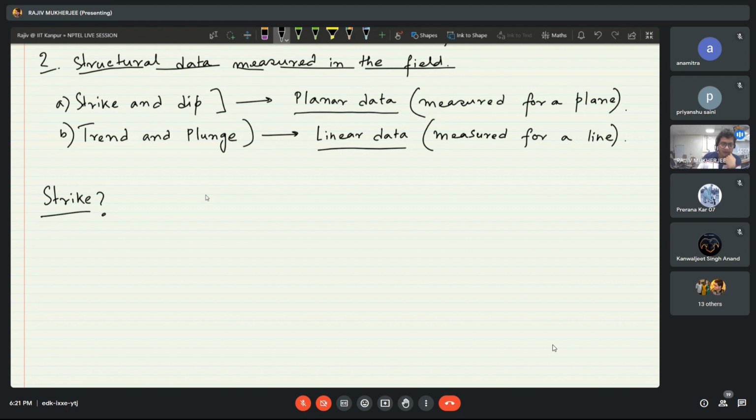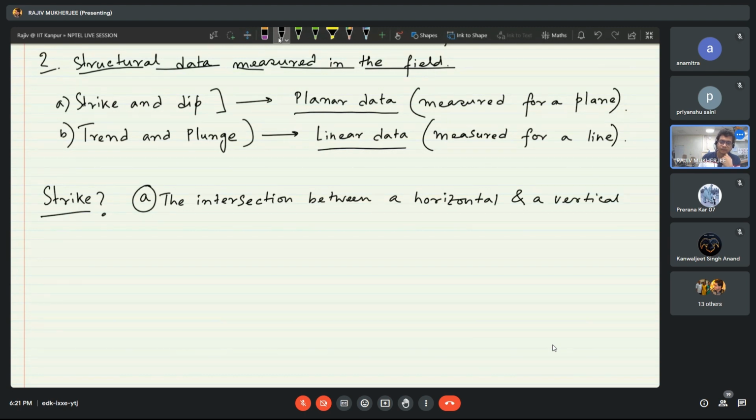Okay, so one answer is, if I put it this way, answer A is the intersection between a horizontal and a vertical plane.